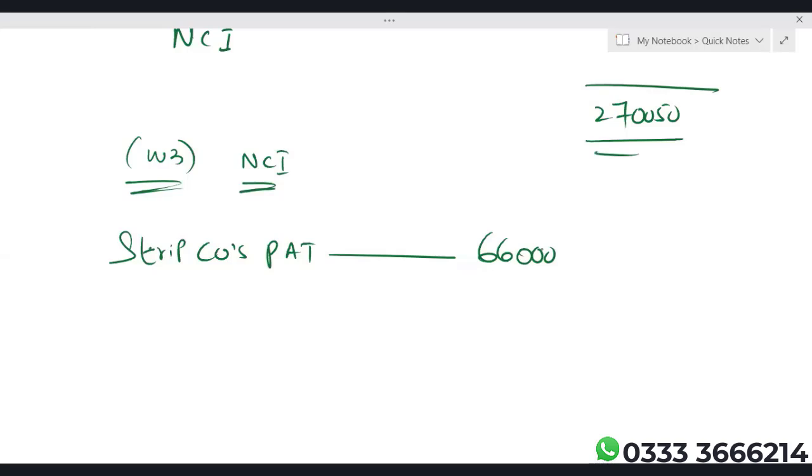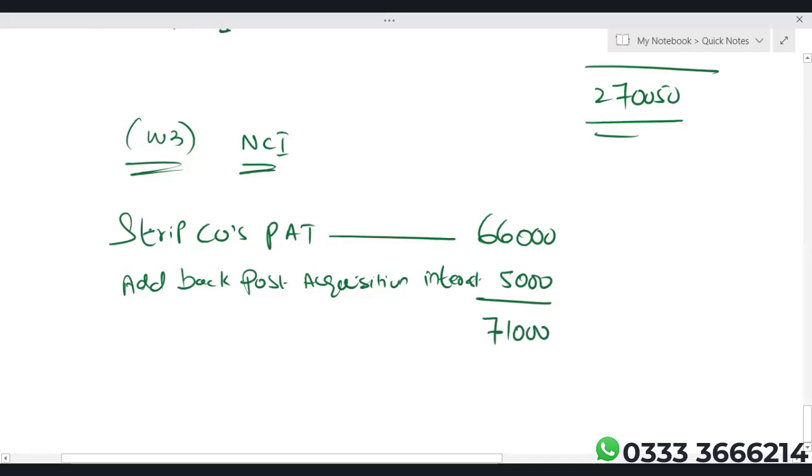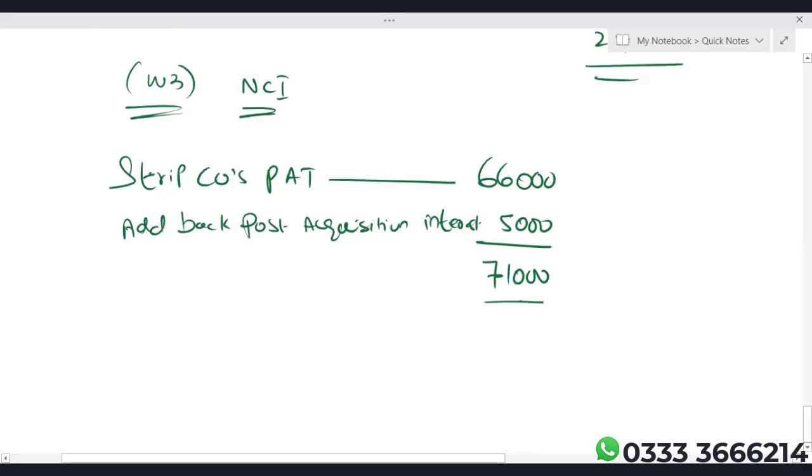So let me first add back that post acquisition interest. Don't worry. So logically, in the post acquisition period, the total profit is 71,000.